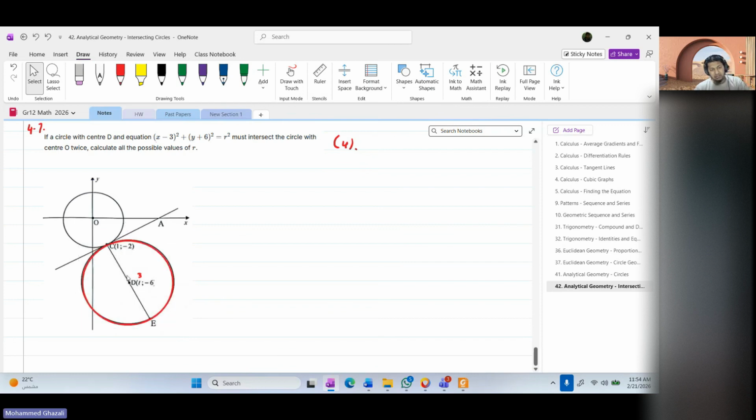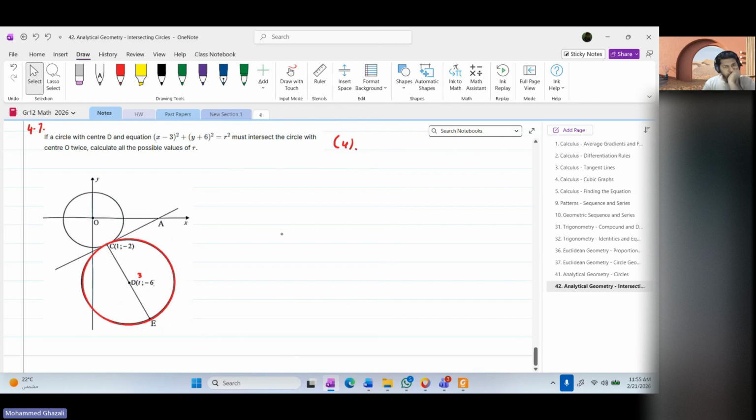We're not moving that, so what we're doing with the circle is expanding the radius. As you expand the radius, you can see it's cutting twice, okay? So we know the radius needs to be bigger than CD.